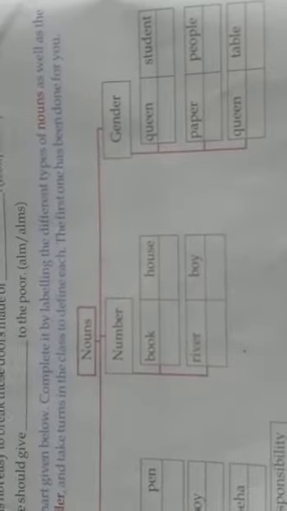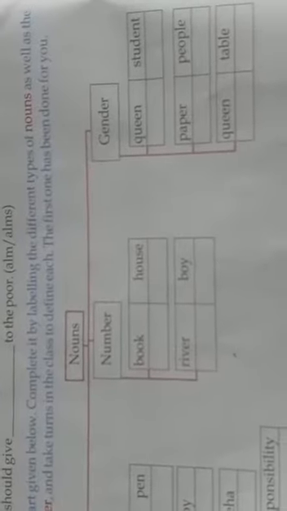You have to write the type of the given noun. Like beauty is an abstract noun. What type of noun is the pen? You have to write. In the center box, you have to write the number of the noun, whether it is plural or singular. And finally, in the third box, you all have to write the gender of these nouns.